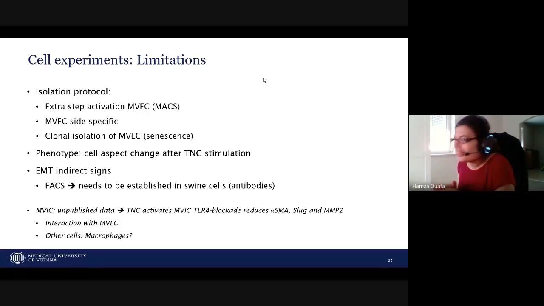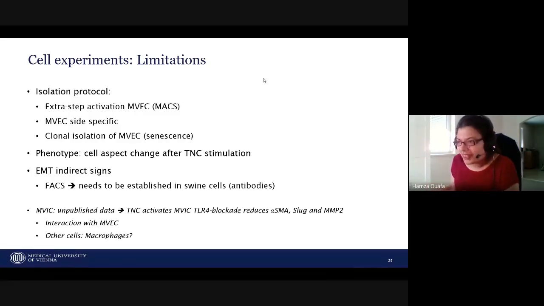We used only indirect signs. We only used RT-qPCR. A more elegant way of showing EMT would have been to use FACS. FACS can show the different markers. So if you have the same cell expressing CD31 and alpha-SMA, this means that it is an endothelial cell which is going through an EMT.